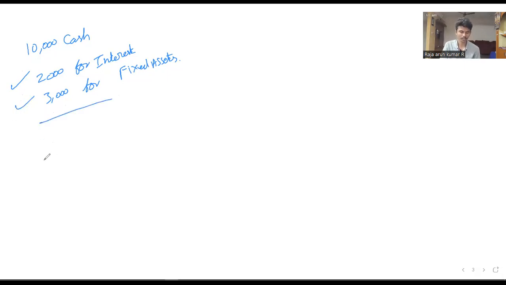The balance amount is 5,000 rupees. The closing cash balance, where I generated the cash and how it was utilized in the best way, that is called a cash flow statement.